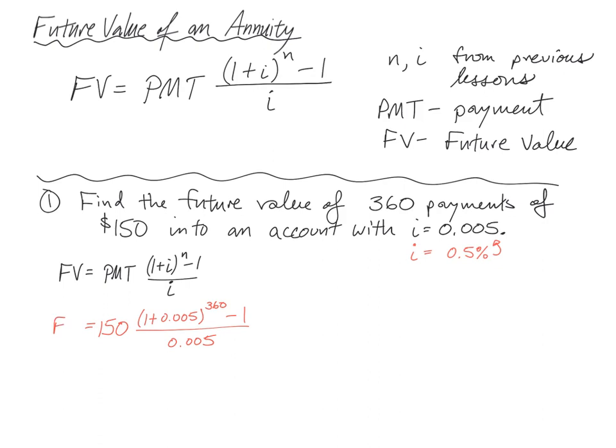And that would give us the future value. I would just suggest doing all of this in a calculator. You can figure out the fractional portion first, and then multiply by 150. When you do all that, the final answer will be $150,677.26.